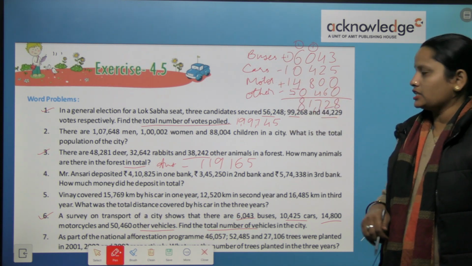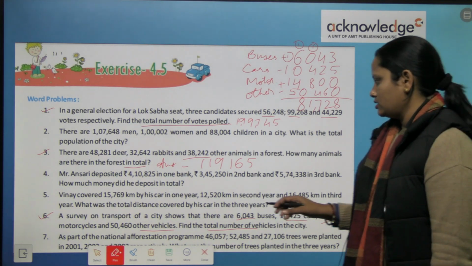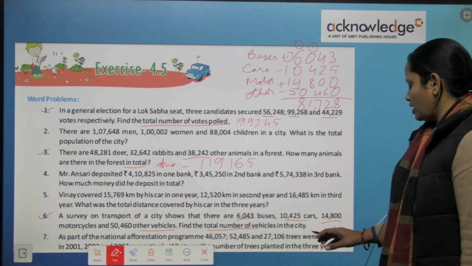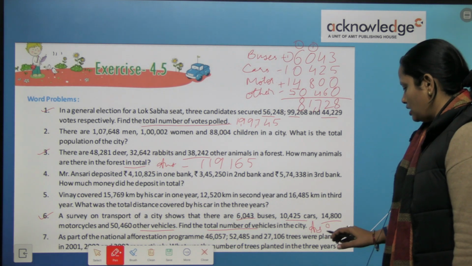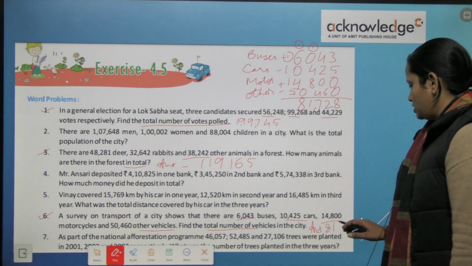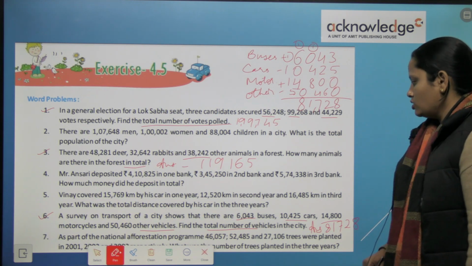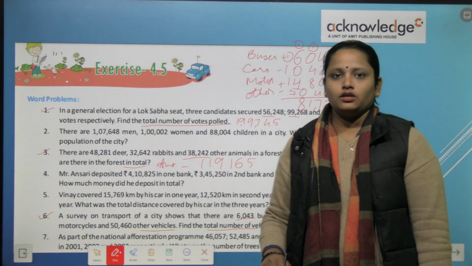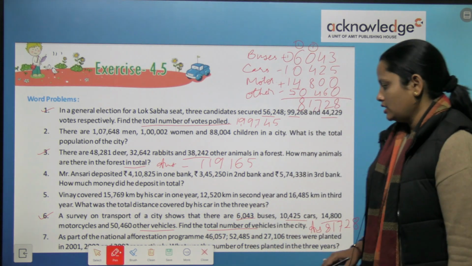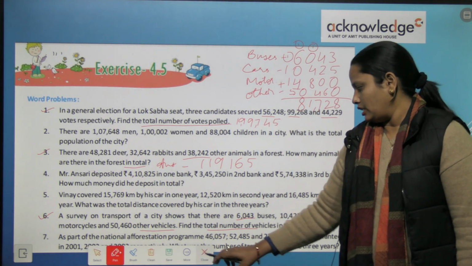So here the answer is 81,728. So let's write down the answer. Answer is 81,728. So there are these many vehicles in that area, in that city.